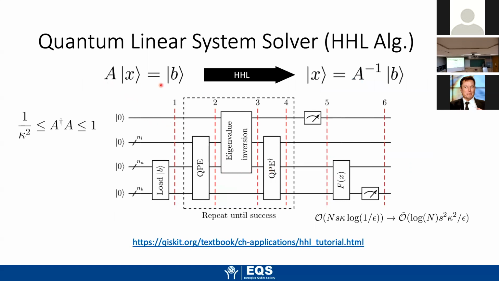So there's this kind of equation, and HHL gives the solution. So we first assume that the eigenvalues of A are between 1 and 1 over kappa. A has to be a Hamiltonian in general.